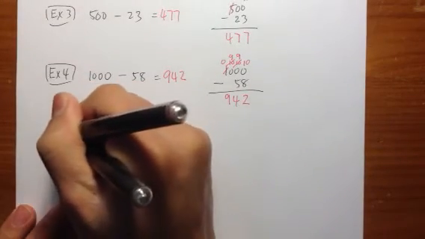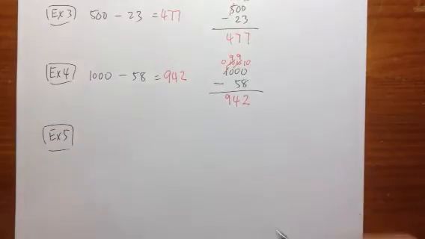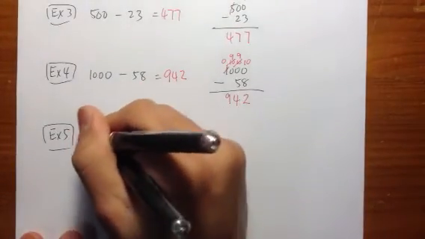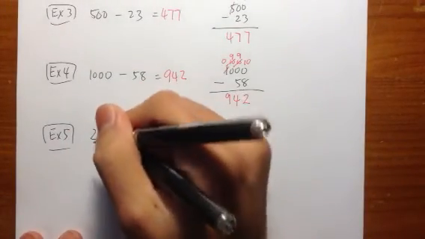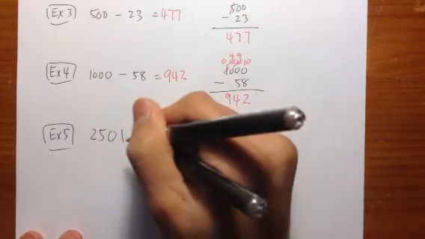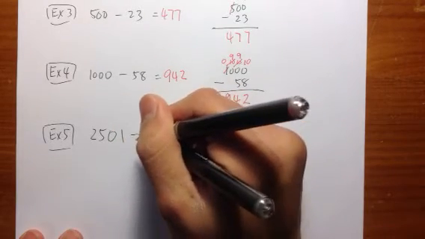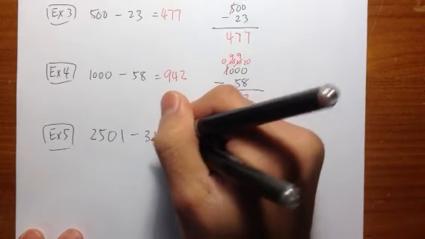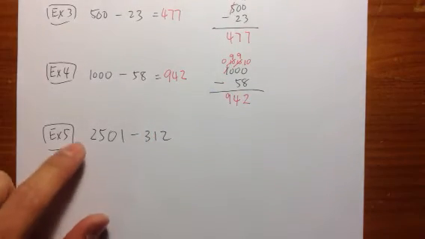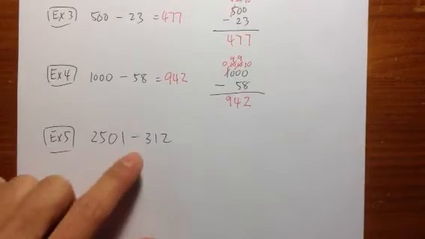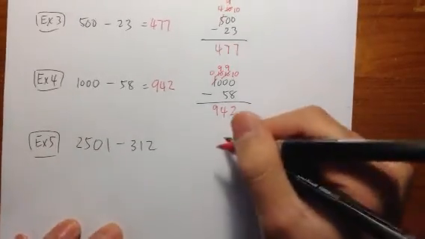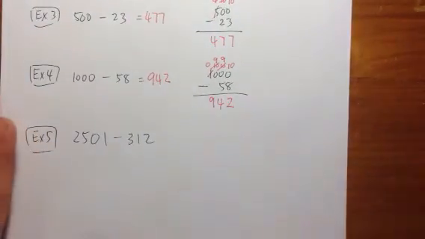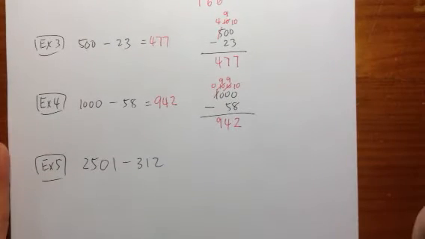One more, example number 5. Let's do 2,501 minus, let's say, 312. Again, so far we are just talking about positive whole numbers.